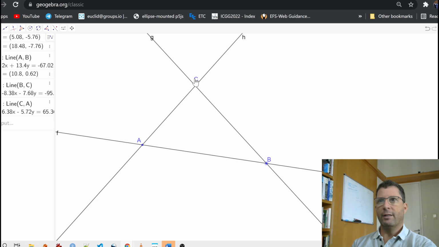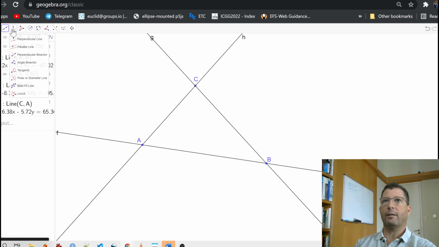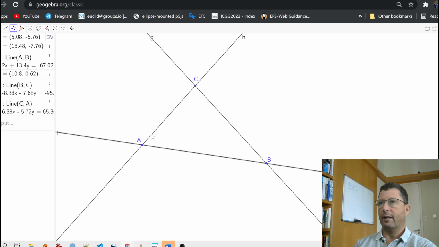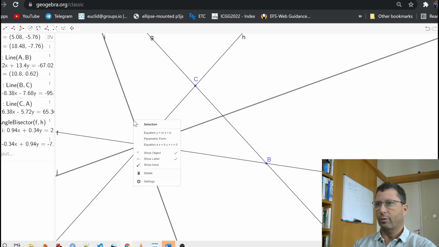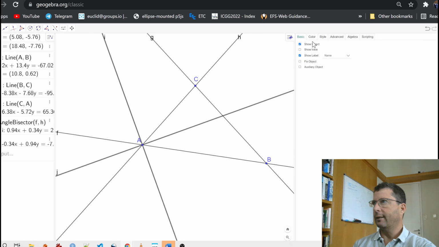The first thing we need to do is draw the angle bisectors of the A angle. Here are the two angle bisectors, or angular bisectors. To keep color coding consistent, I'm going to make these gray, remove the transparency and make them dotted lines.